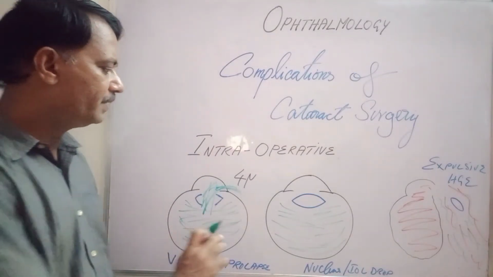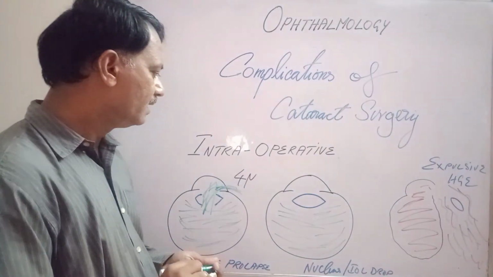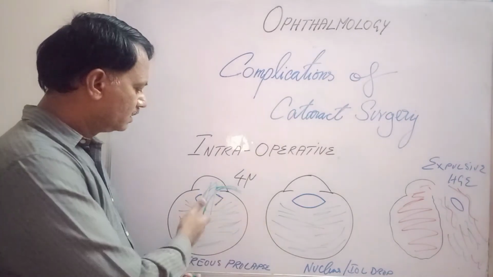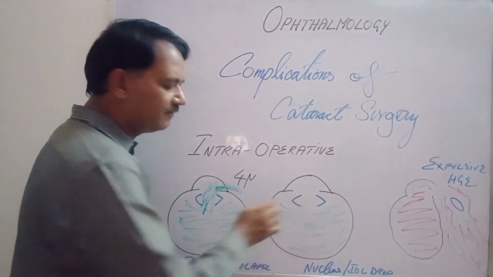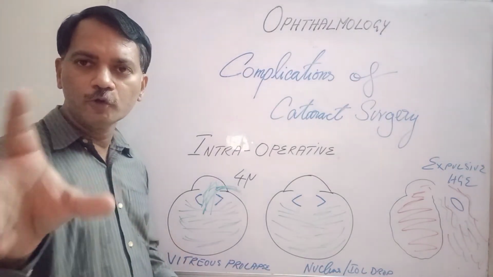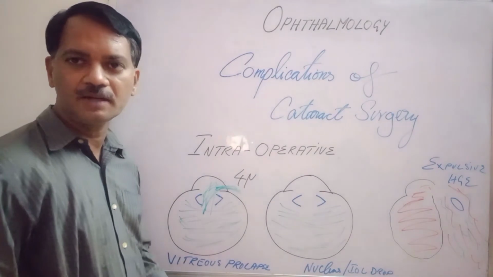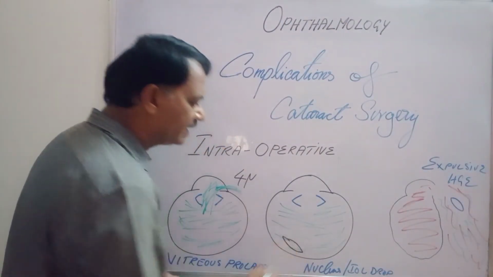The next complication is nucleus or IOL drop. This is similar to this problem. The posterior capsule can give way. Before you could remove the nucleus from the capsular bag, the nucleus can fall into the vitreous.